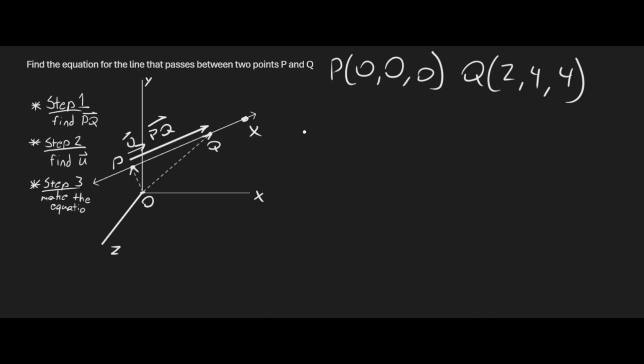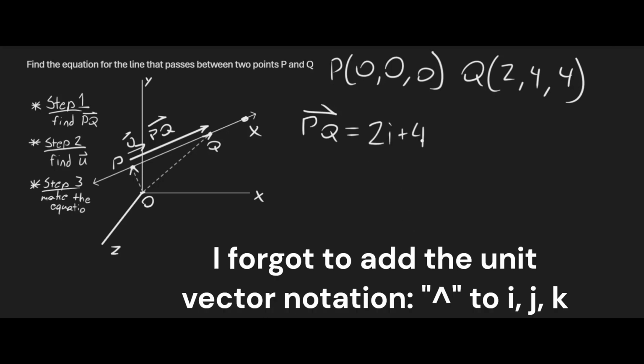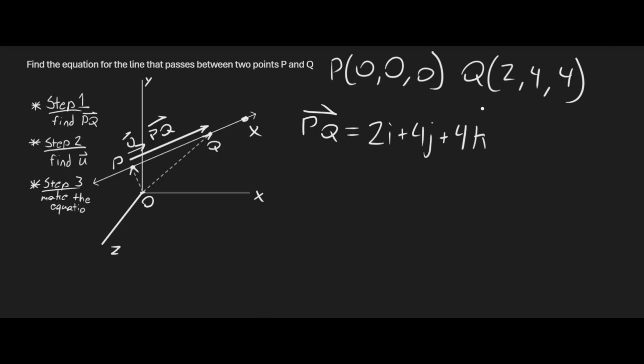So the first step we need to do is to find PQ. PQ is going to be equal to Q minus P, or OQ minus OP. So we're going to subtract 2i plus 4j plus 4k. This is the notation that I'll be using.